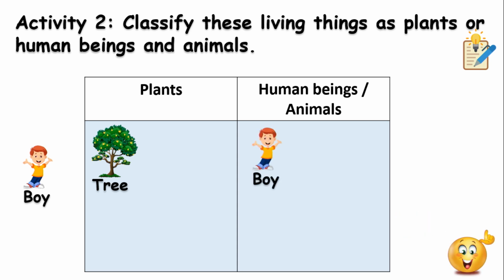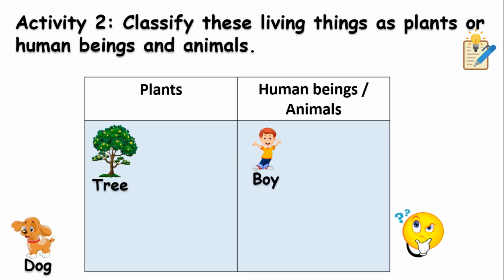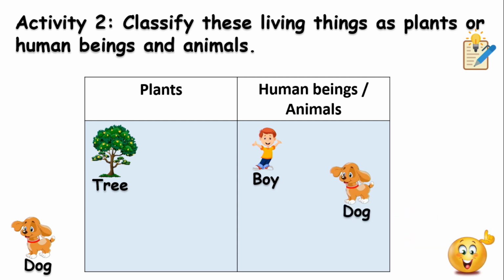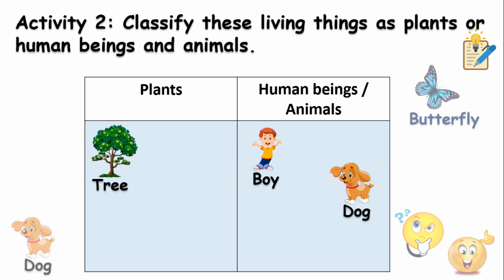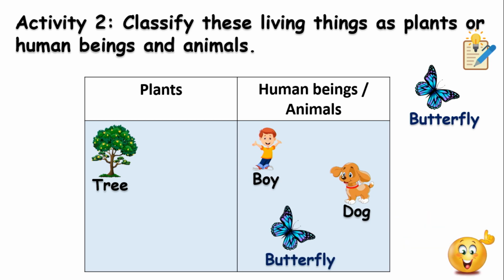Correct. The boy is a human being. In which category would you place the dog? Right. The dog is an animal. What about the butterfly? Well, just like the dog, the butterfly is also an animal.